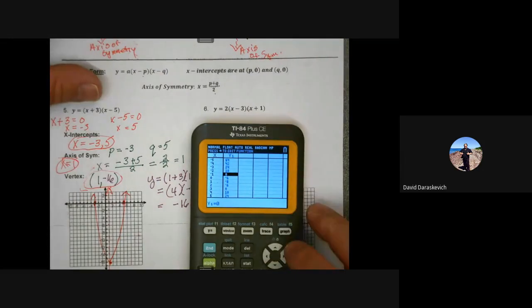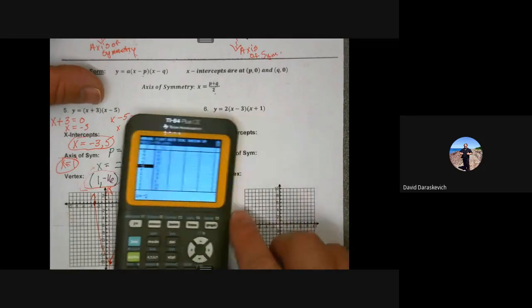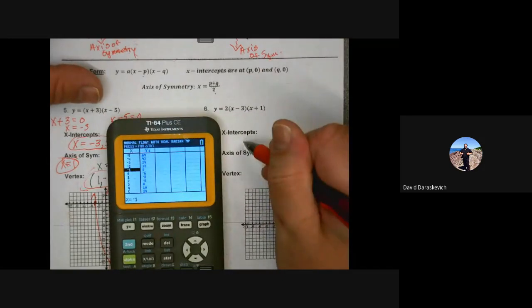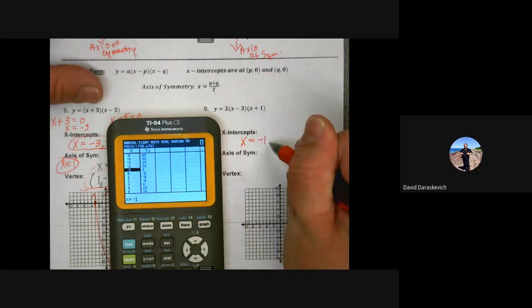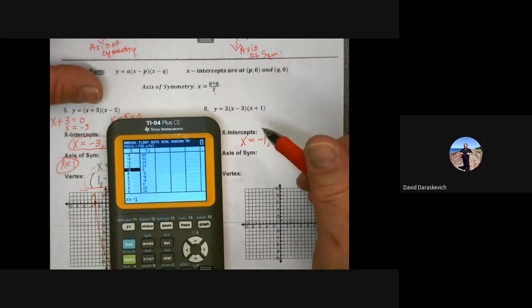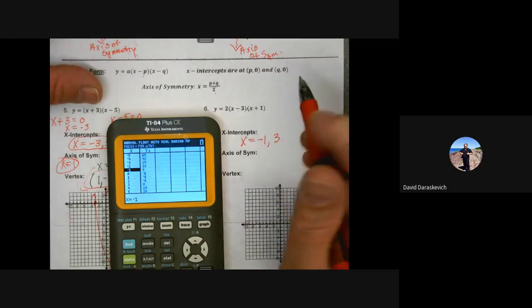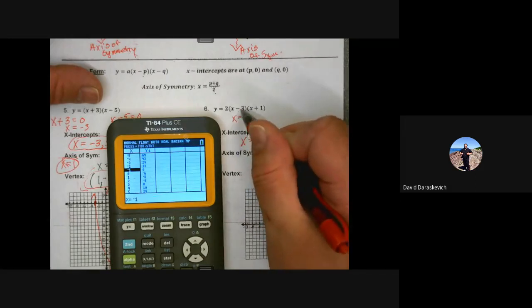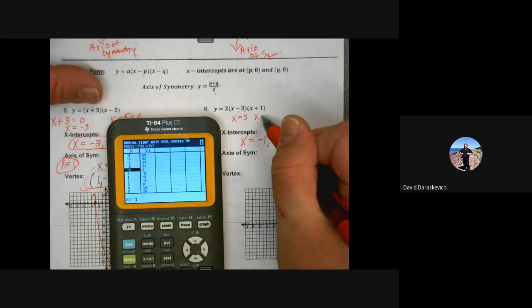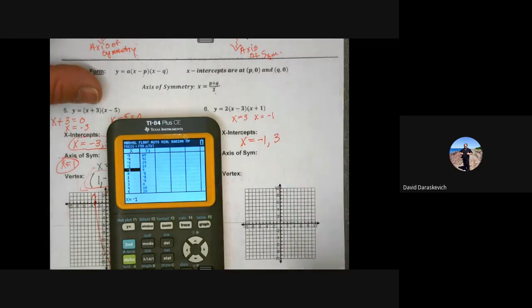Okay, and they are. So that y, it happens to be -1, 0. So that's an x-intercept. x equal -1. And the other one's going to be x equal 3. You can get that pretty easily because there's no coefficient for x. You know that x is going to equal 3 here, and you know that x is going to equal -1 here.